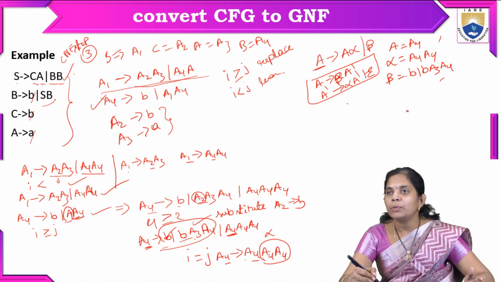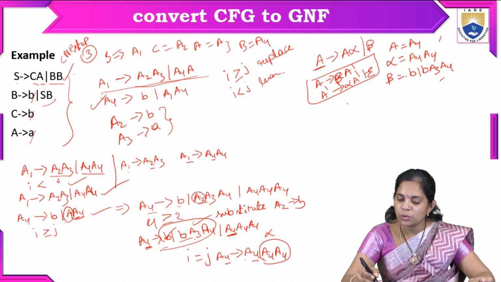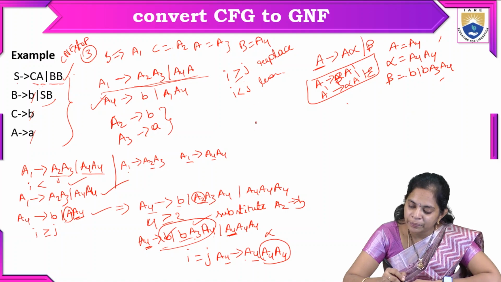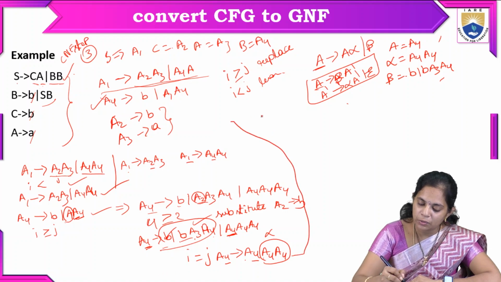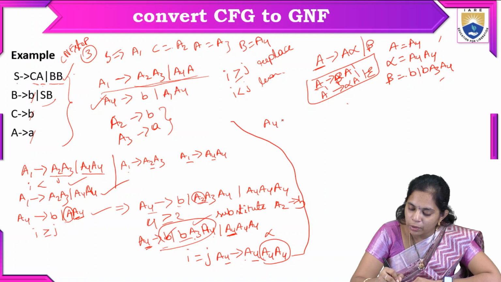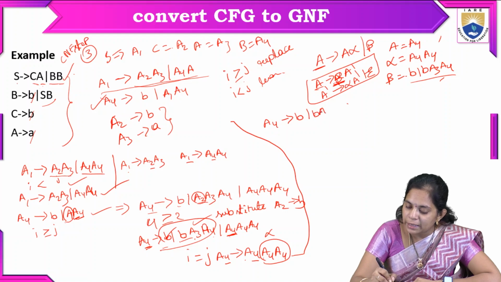So according to that one, we need to change the values. So here we will write it as A tends to, so this is the step. So from this here we need to write A4 tends to, so beta is nothing but this one. So B, A3, A4 and A1. So what is this A1 in the sense?